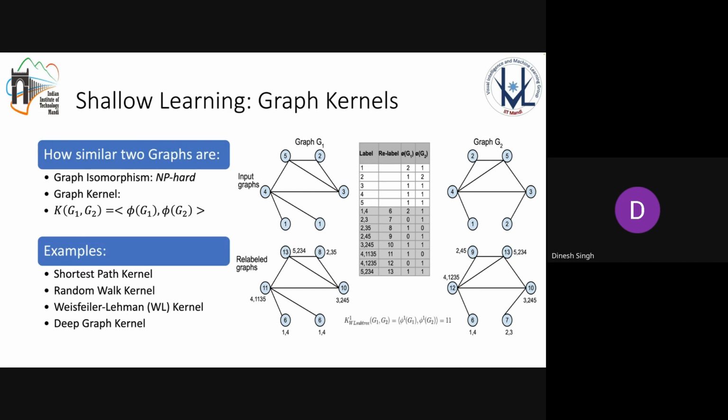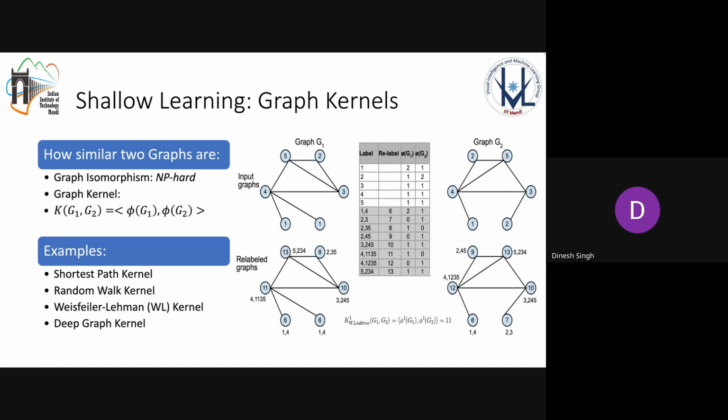So this was very popular, and very standard libraries are nowadays available to apply graph kernels. Wherever data is very small, they are still performing much better. So you can try those things, and in those libraries, a significant number of these kernels are already implemented.